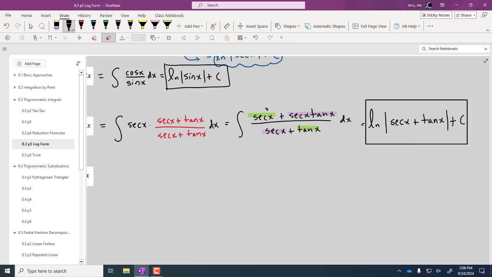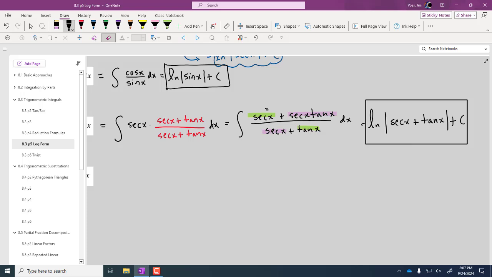You will get to the point where you don't need that step. You can just write down the antiderivative. How did you reason out the secant plus tangent? Well, knowing that you're trying to put it in log form means you're trying to make it, when you multiply by 1, that you get log form.